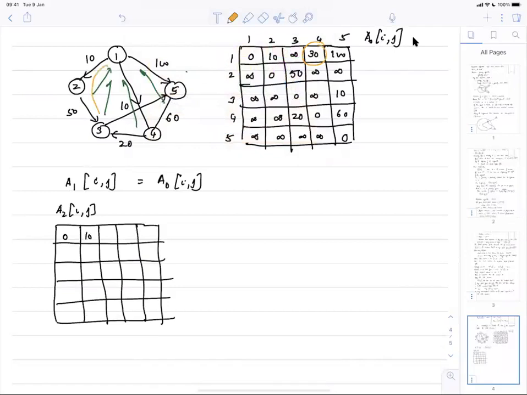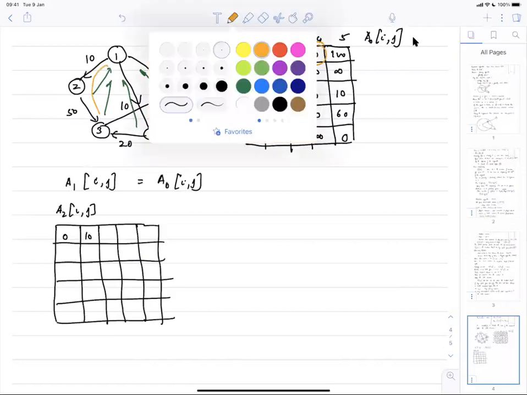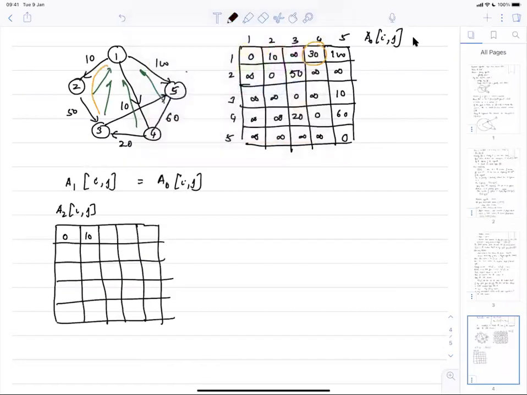So this path gets updated. So I have 60 over here, 30, 100, then infinity, 0, 50, infinity, infinity, infinity, 0, infinity, 10. Correct me if I'm wrong, because there's only one path from 2 to 3.